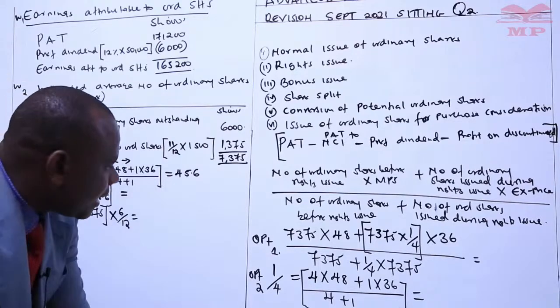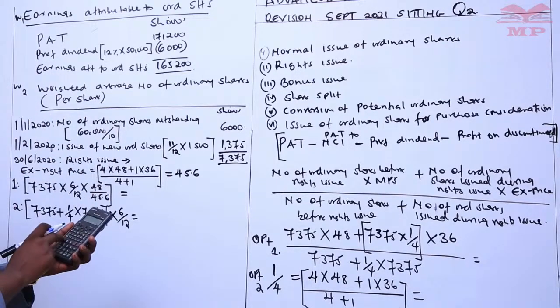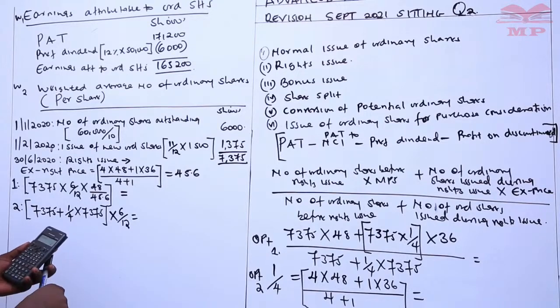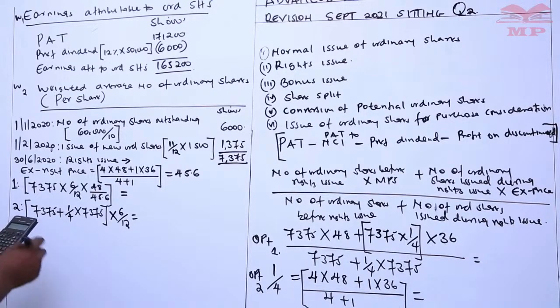So can we add now 73.75 times 6/12 times 48/45.6.